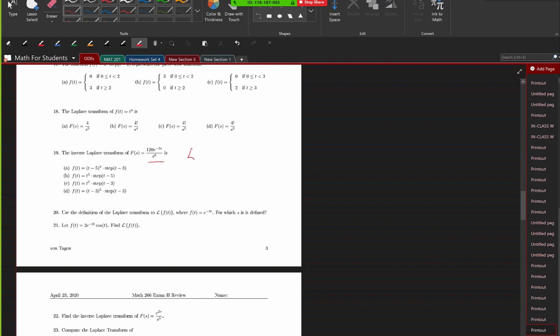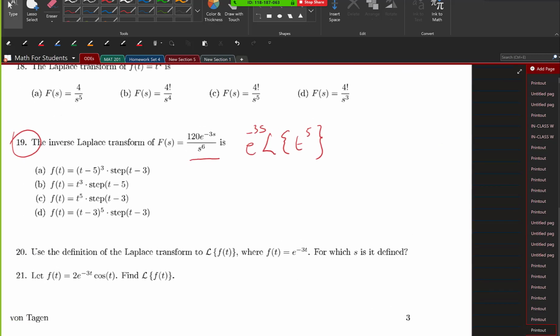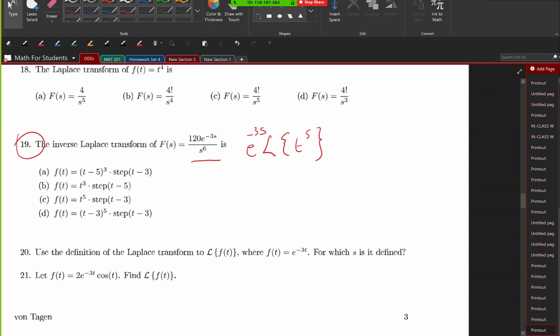This looks like the Laplace transform of t to the fifth, except we're multiplying it by e to the minus 3s. So I'm looking at number 19 here. This looks like e to the minus 3s times t to the fifth. Okay.